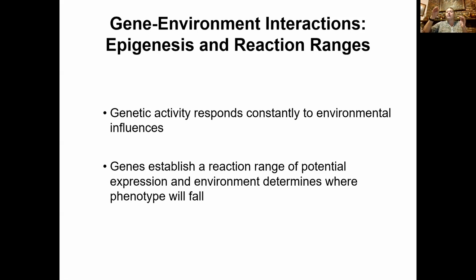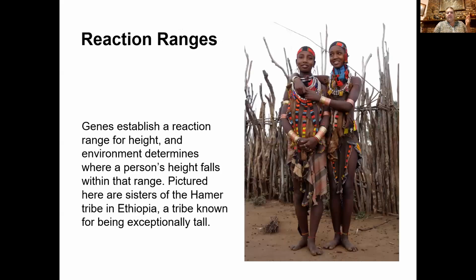But if everything doesn't go right, I'm going to be on the shorter side. So that's one way to think about the relationship between genes and environment. A reaction range is just that range in which a gene can express. So genes establish a reaction range for height, and environment determines where a person's height falls within that range.